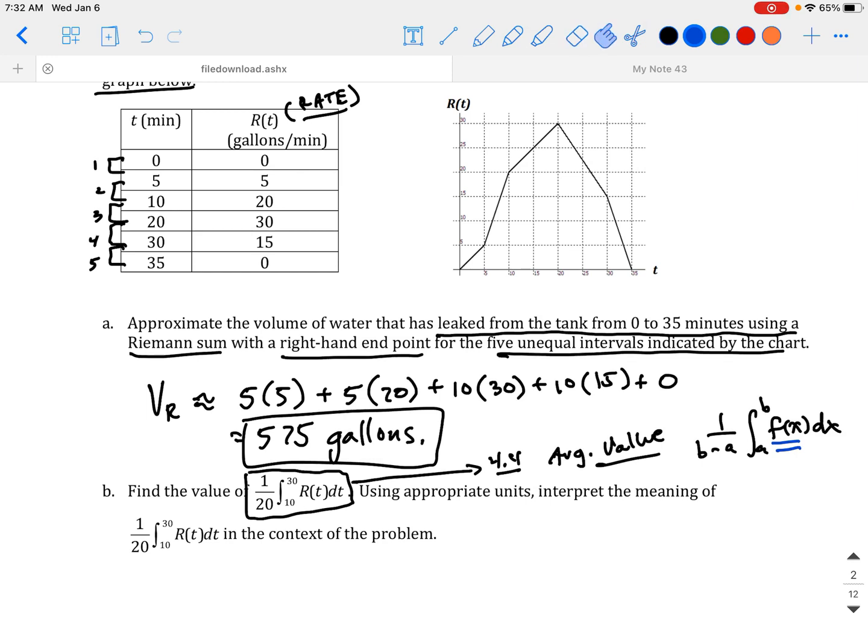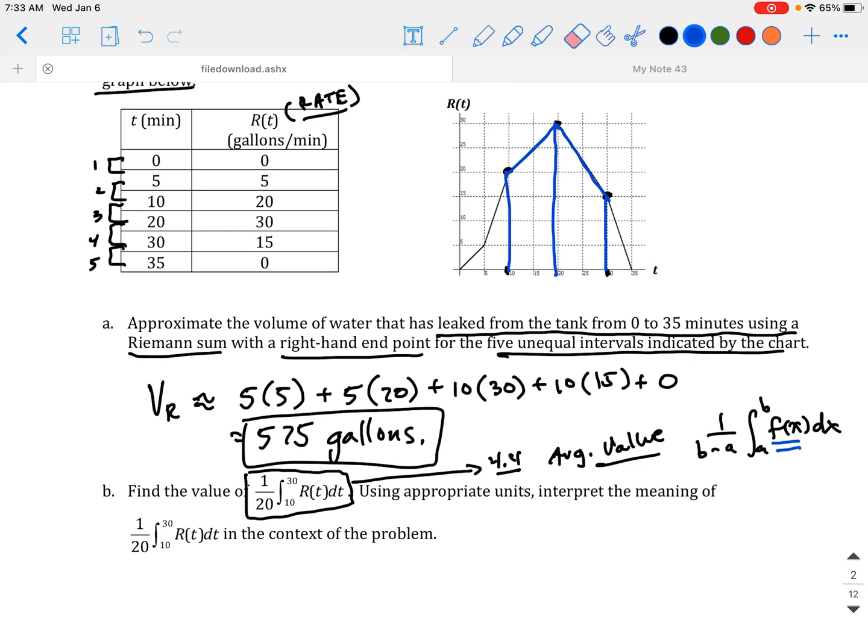So for this part B, for this example, since it doesn't tell us, we're just going to come up with some method for doing it. So if I look at the points where we are located, so we're between 10 and 30, and we want some nice values, I think I'm just going to use trapezoids. So I'm going to do trapezoids with 2 subintervals, just because those occur at nice points. So we're going to construct some trapezoids here.